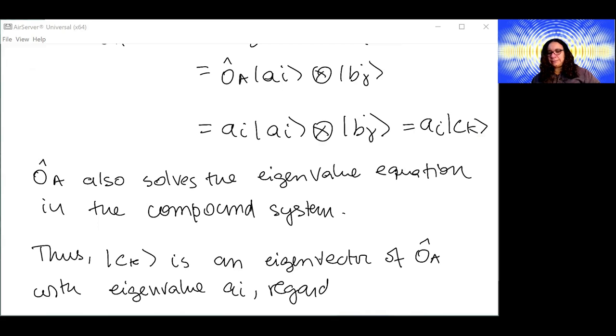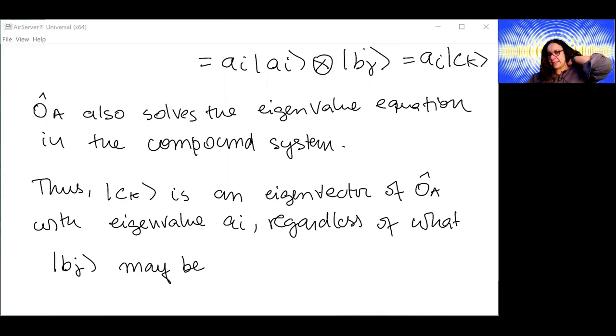So we are in a situation now in which we can say that this guy is also an eigenvector.